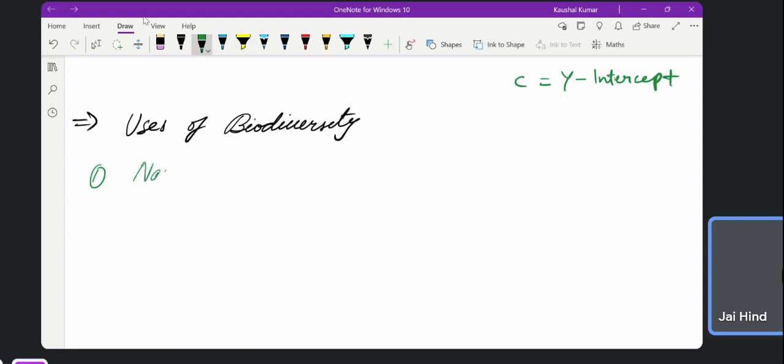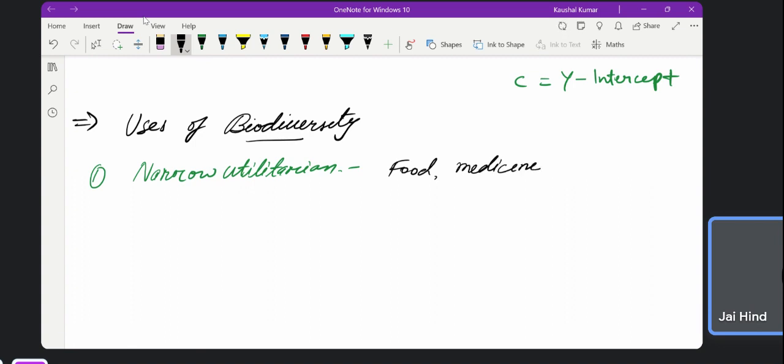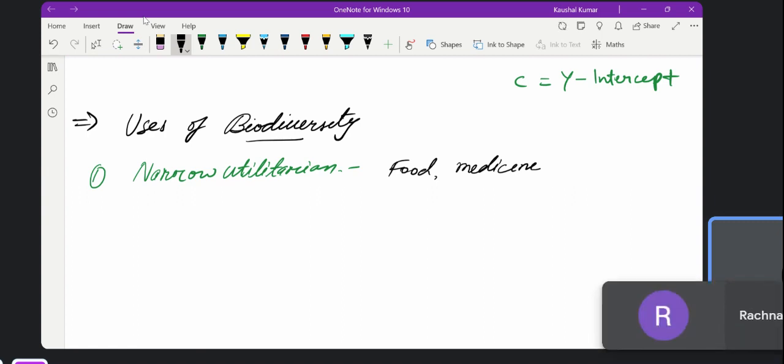That is the narrow utilitarian, in which the biodiversity will give you food, and medicines.